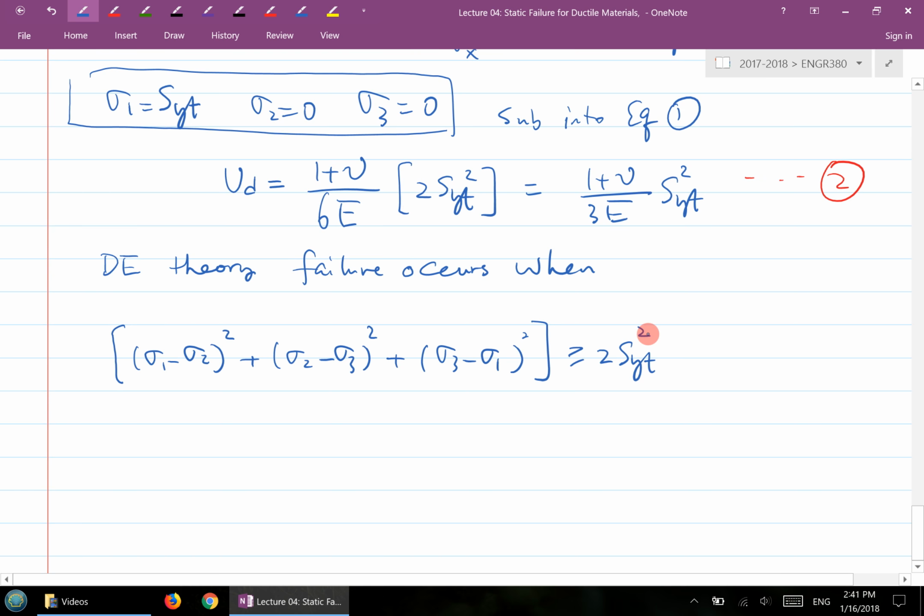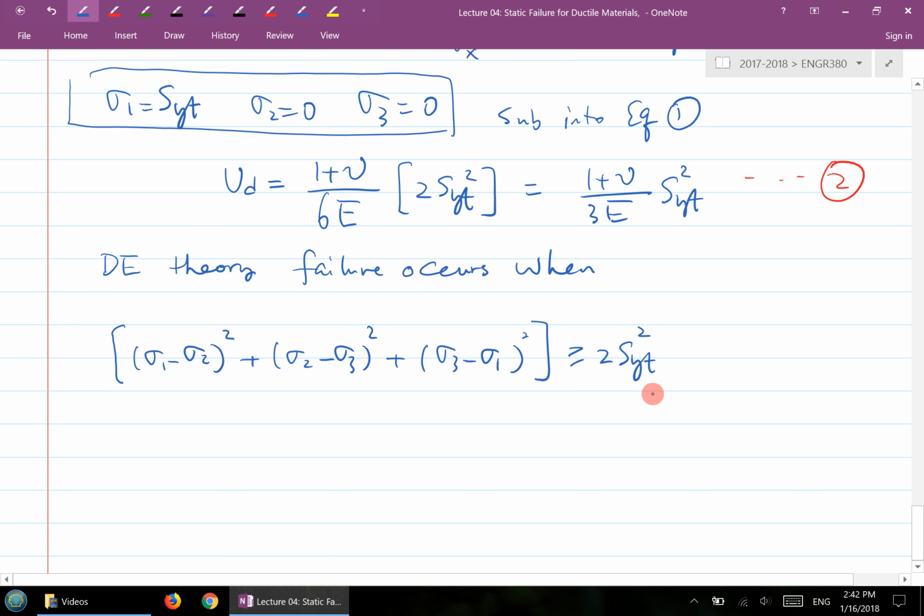If this side is greater than the other side, then you get failure. That's the mathematical representation of the DE theory: calculate this side, compare to that, and you get failure.